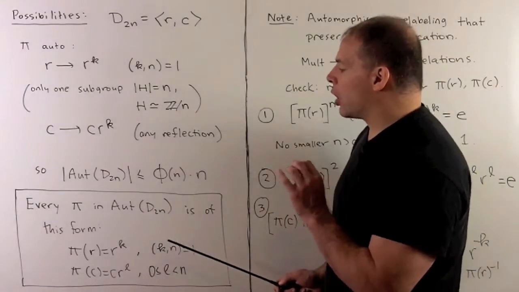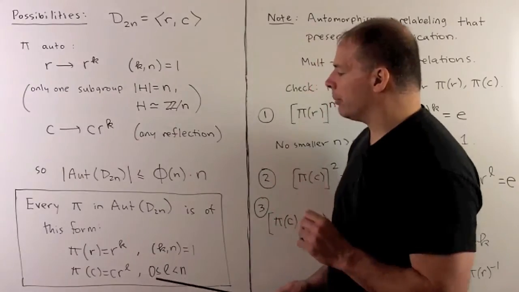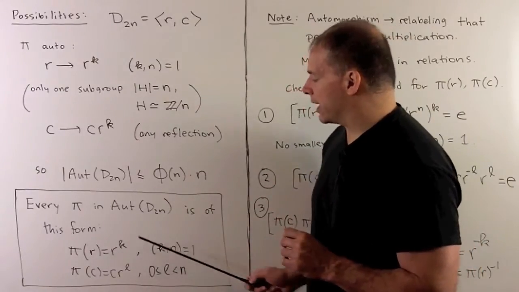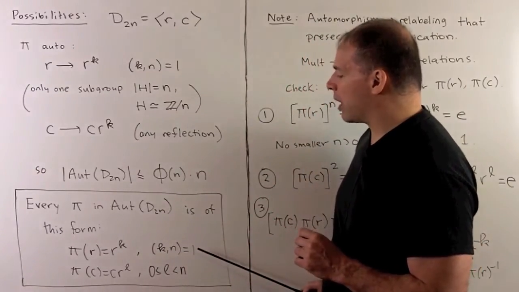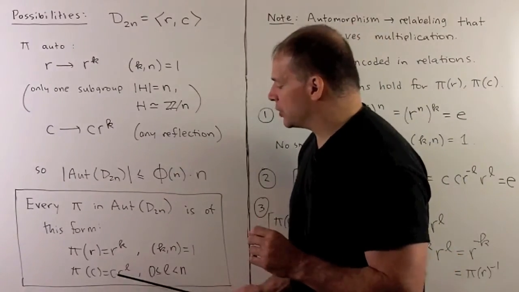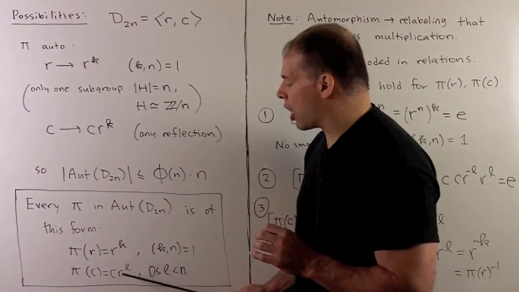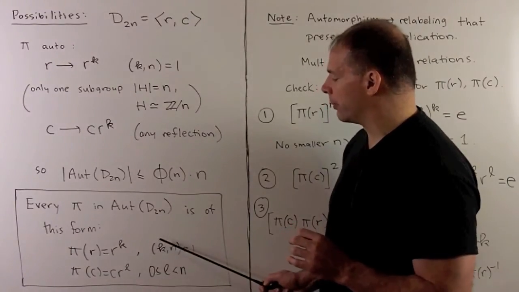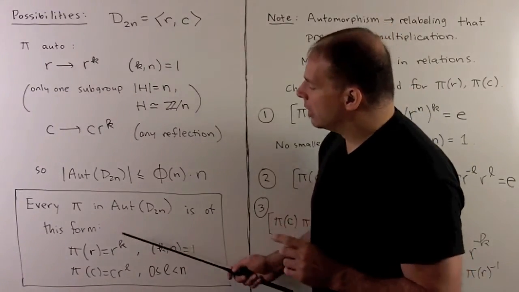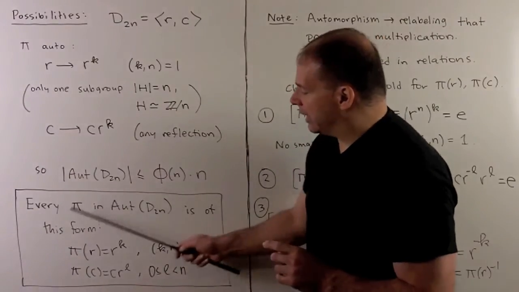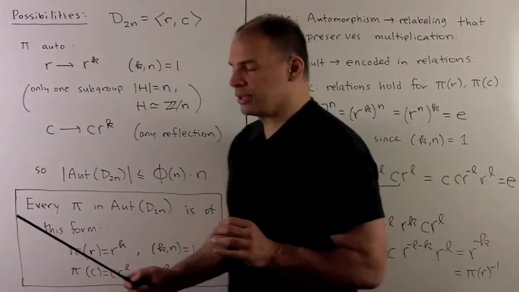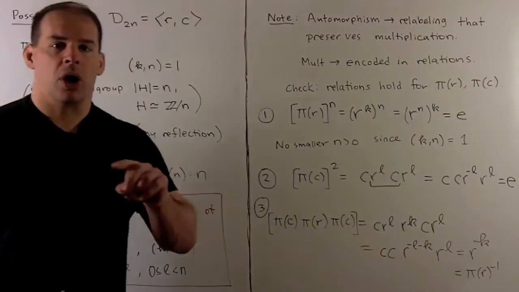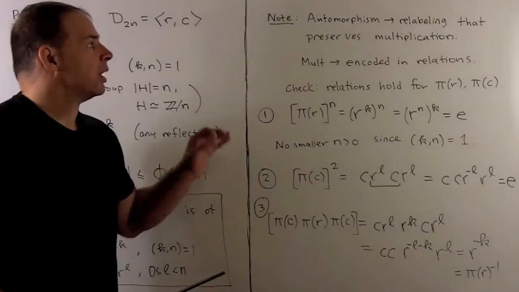So every automorphism pi is going to be of the form R gets sent to R to the k, where k and n are relatively prime, and C is sent to another reflection, C times R to the L, where L is between 0 and n, including the 0. Now, to see that all of these give automorphisms, let's recall what an automorphism is.